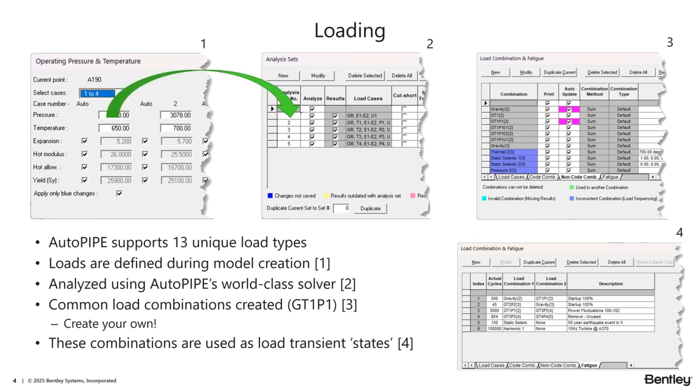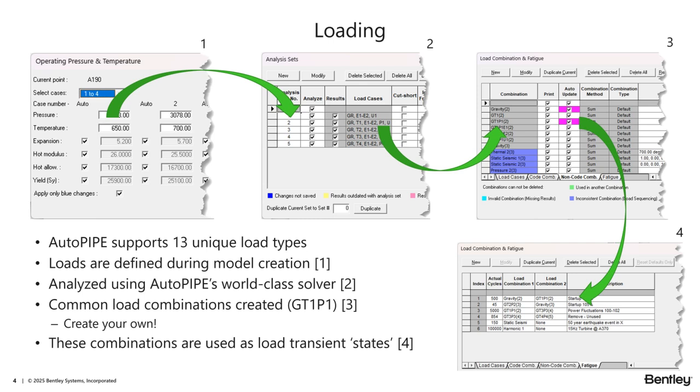Analysis sets are created to apply these loads onto the model to obtain stress results that we require, the results of which are combined in our post-processor with other load case results to create a load combination state, which can then be used as part of a load transient.